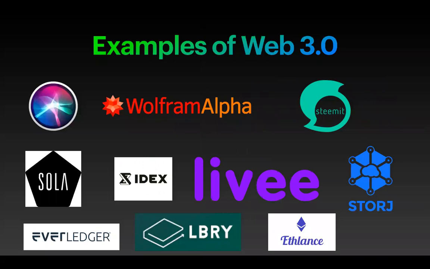So these are a few examples of Web 3.0, companies which are already using Web 3.0. One of the best examples and the most famous one is Apple's Siri. Siri, everybody knows, and everybody uses Siri. And the next one, Wolfram Alpha, also uses Web 3.0.